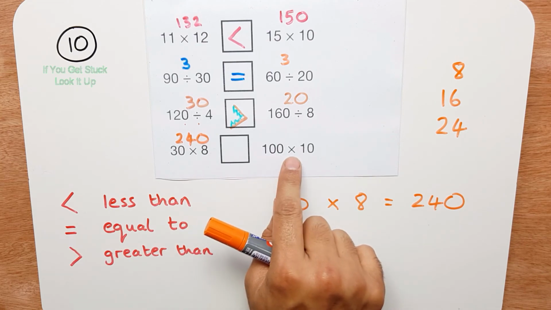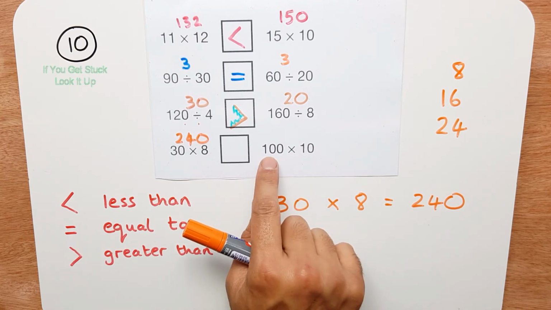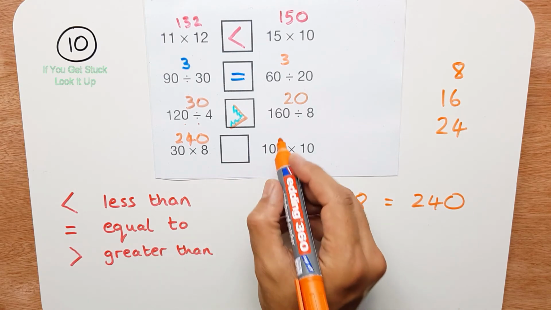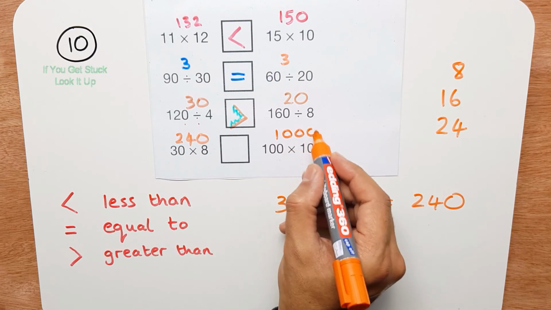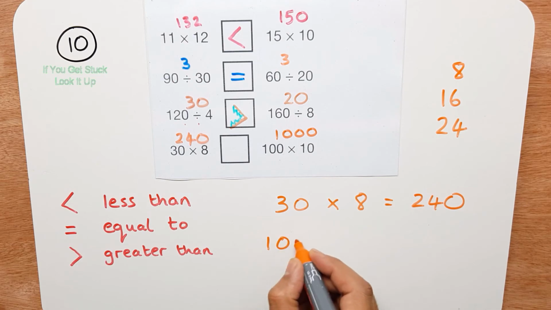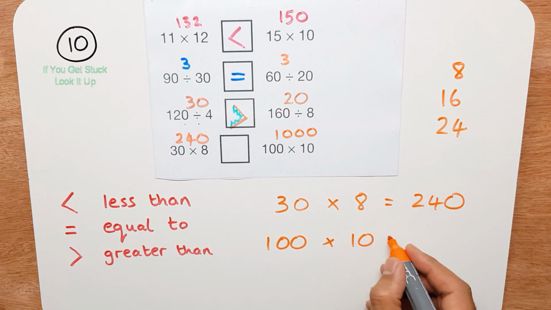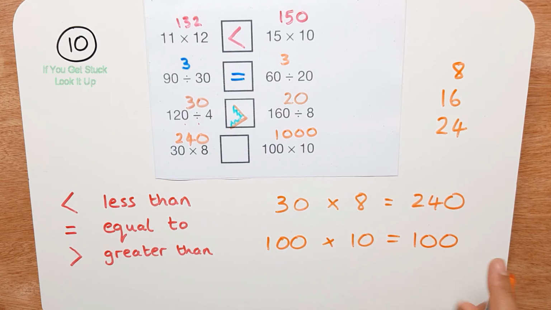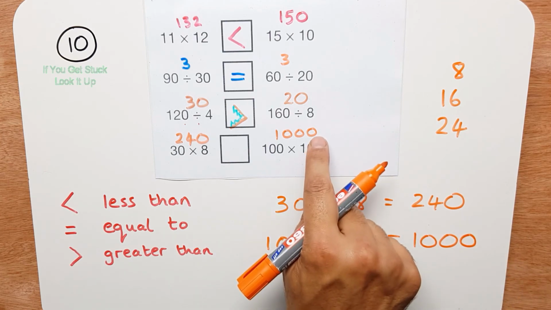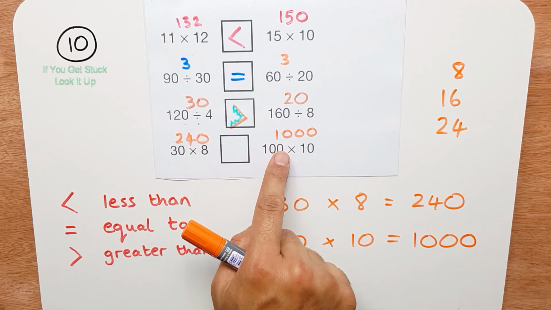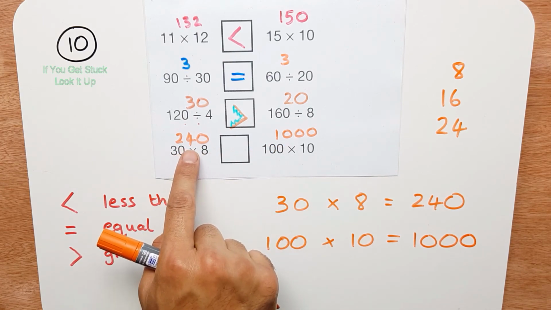And I have 100 times 10. And with this, you simply add a 0 to this. So it becomes 1000. So remember the rule. Any whole number, and that happens to be 100, times it by 10. You write this whole number down. And you add a 0. That's where we got that 1000 from. And now which side is bigger, the left or the right? 1000 is bigger than 240.